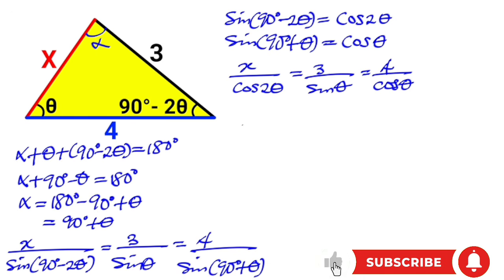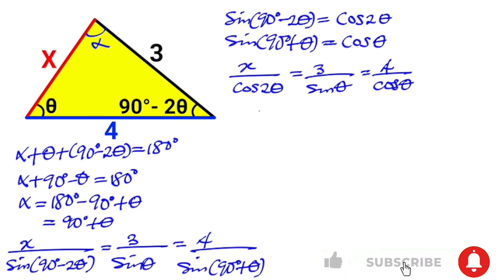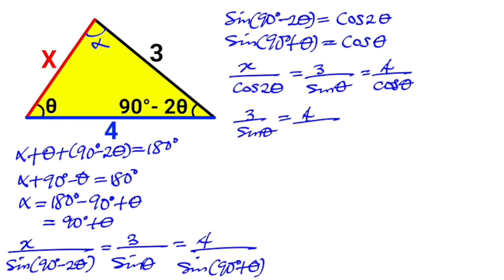Now, let's focus on the last two ratios, where we only have known numbers. 3 divided by the sine of theta is equal to 4 divided by the cosine of theta. Cross-multiplying to rearrange sine and cosine together, the sine of theta divided by the cosine of theta is equal to 3/4.